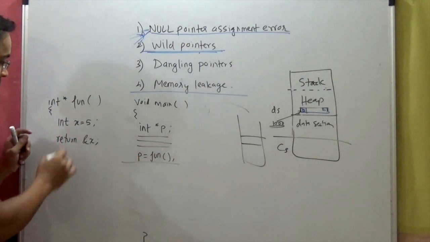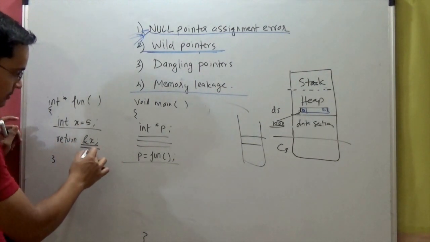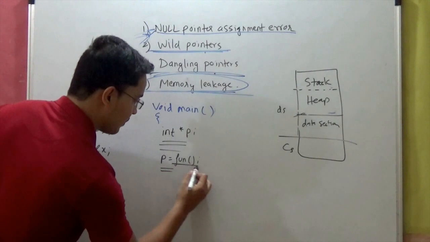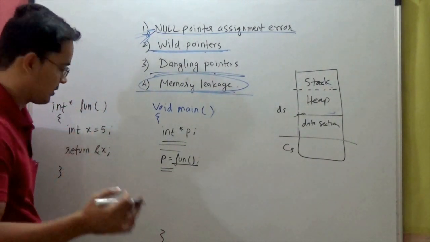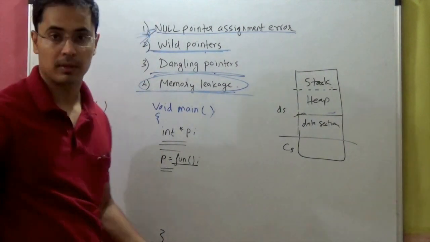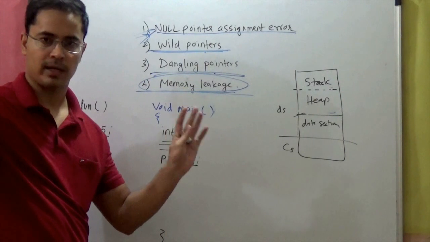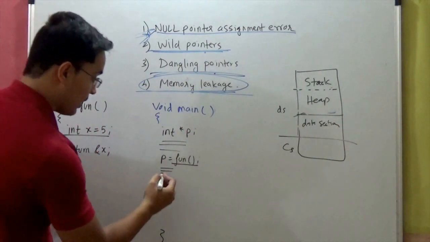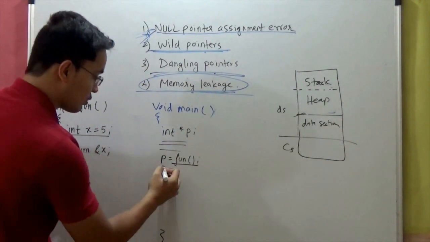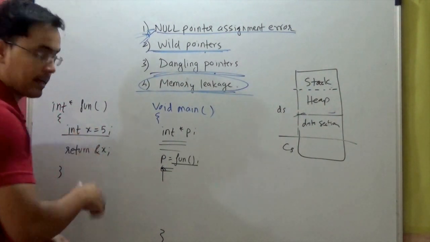Fun has this local variable x, and you are returning the address of x. But now, as soon as this function call finishes, this x goes out of scope. That means the memory given to x is deallocated automatically. You know that, right? But P is still storing the address of that memory previously allocated to x, right?